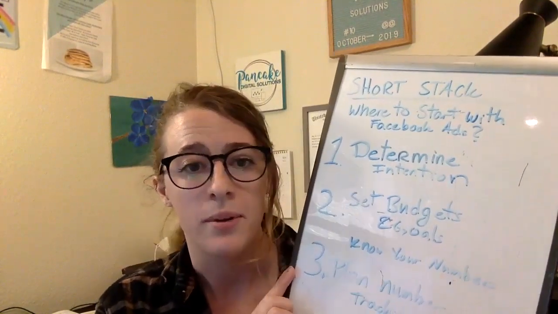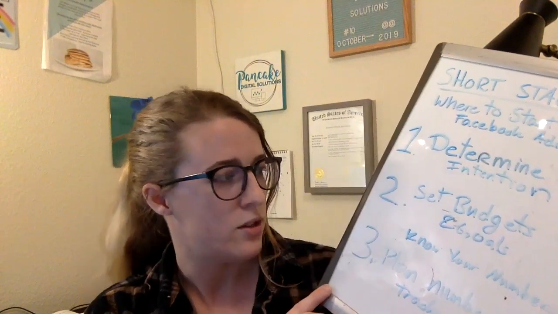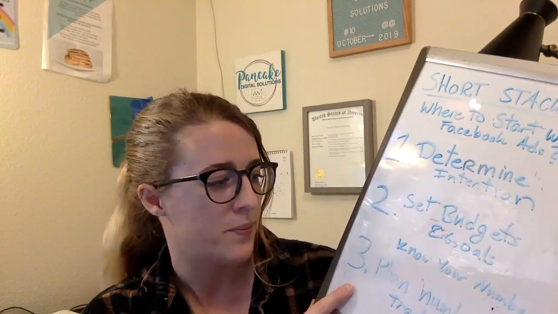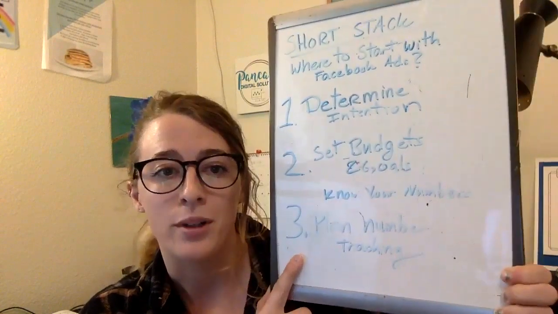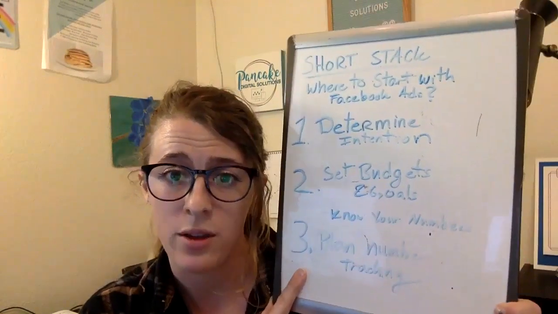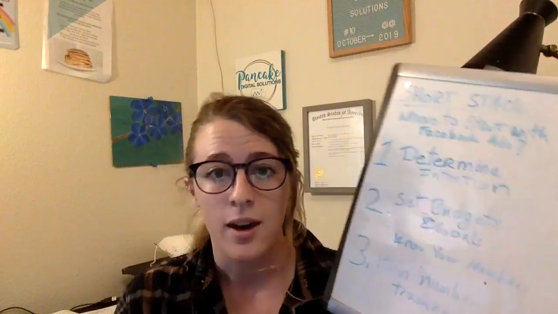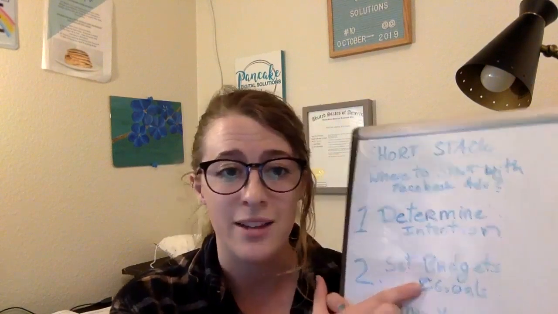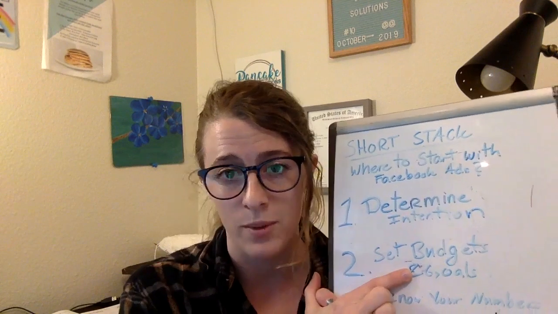Knowing your numbers takes us right on into the third step, where you plan your number tracking. How are you going to track those numbers now that you know them? I highly recommend that you set up a 15-minute alert in your calendar every couple of days to go check your ads, with your goals as your KPI, your key performance indicator.